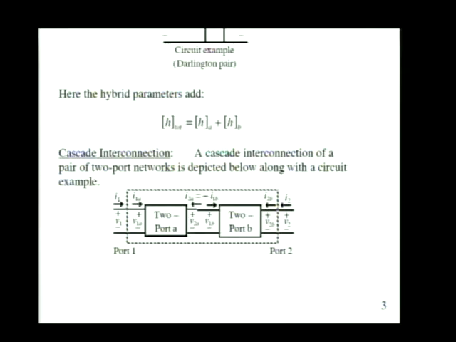Because the biggest reason for using the ABCD parameters, the chain parameters, is in situations where you have cascaded interconnected two-ports. And you want to be able to do calculations with cascaded interconnected two-ports and find overall ABCD parameters for the cascade interconnected pair.